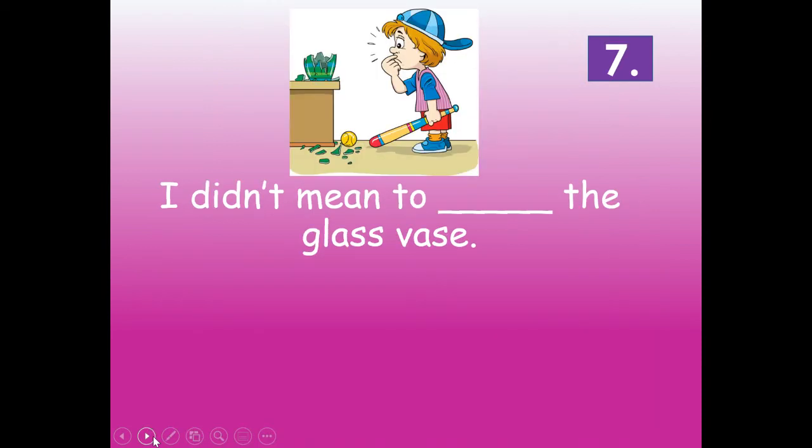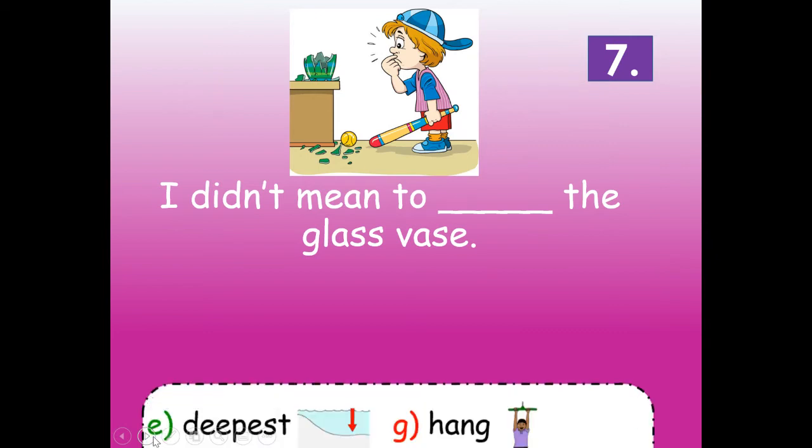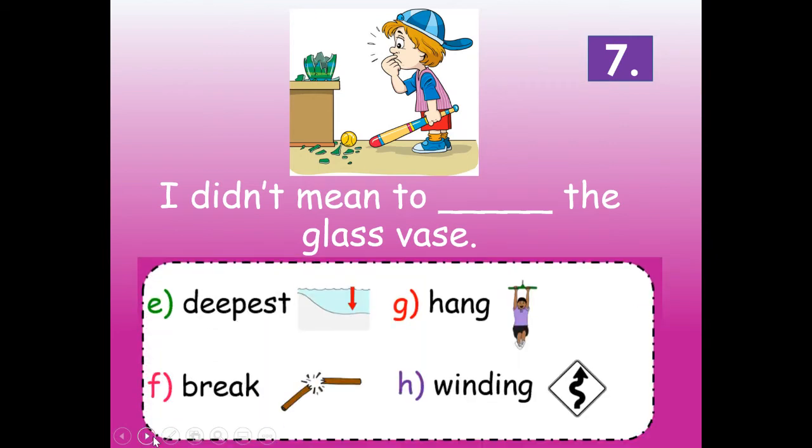Number 7. I didn't mean to blank the glass vase. Would it be I didn't mean to deepest the glass vase? I didn't mean to break the glass vase. I didn't mean to hang the glass vase. Or I didn't mean to winding the glass vase.